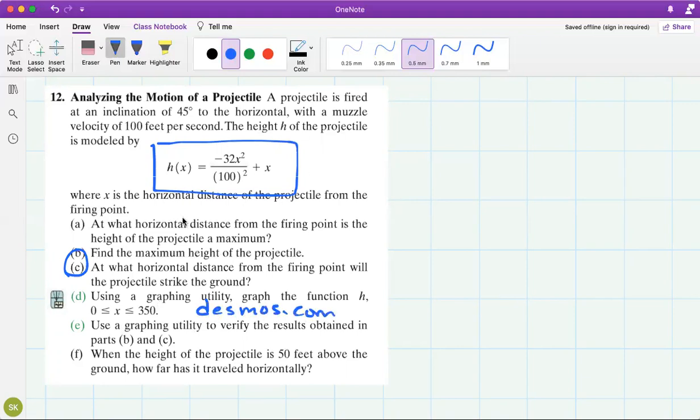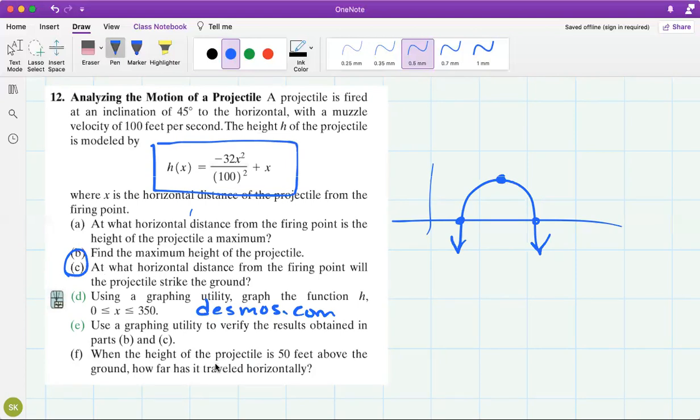And if you do this, whatever you got for the vertex, if you touch the top point of that graph, you'll see that A and B is the same thing as what you got. When you graph this parabola, you'll get the same thing. And you'll also see that these 2 points, whatever they happen to be, if you touch the graph on desmos.com, you'll get the same thing for part C. Okay, and then part F says when the height of the projectile is 50 feet above the ground, how far has it traveled horizontally?